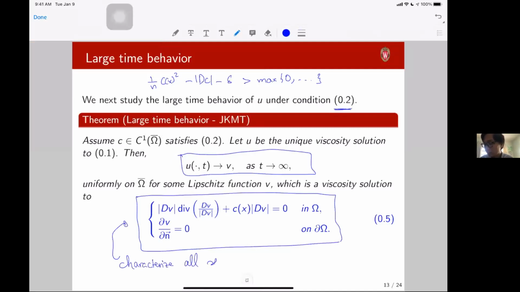Even in the case that c is constant, it is analogous to the Alexandrov theorem, in the sense of what all the possible solutions with constant curvature are. But here we also have the Neumann boundary condition on the boundary.